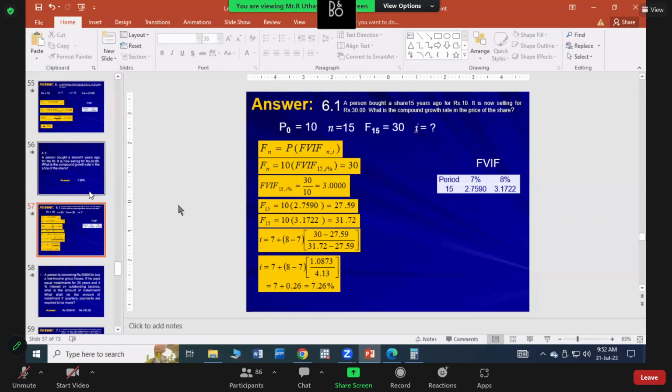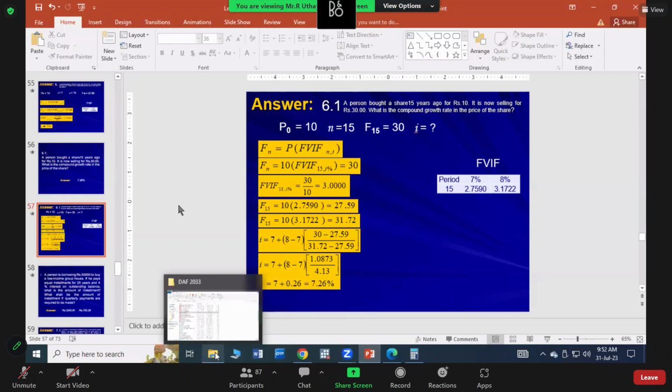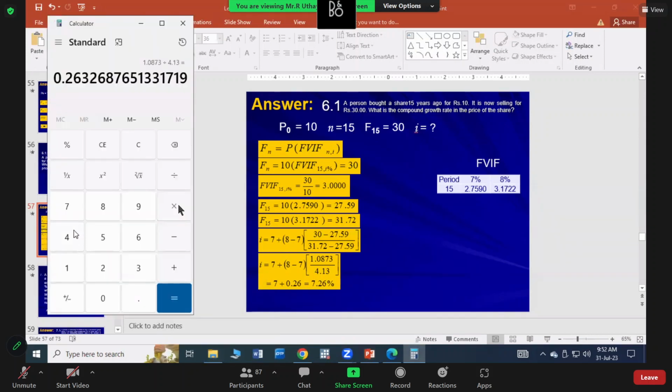So the earlier you learned that, how you can calculate this one, 7.26, the compound growth rate. So you can check it with any calculator also.